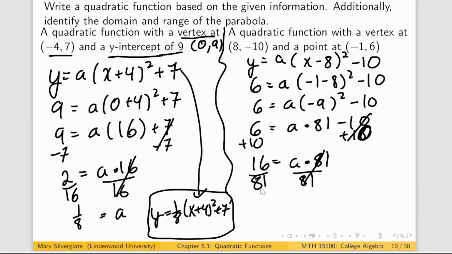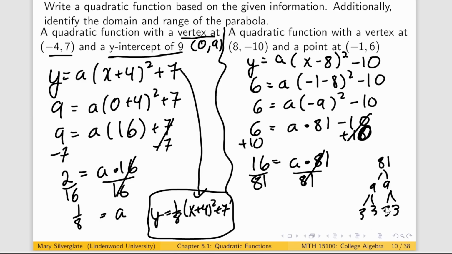Well, the only things that go into 81 are things like 9, 3, neither of which go into 16. So that's not super helpful. Because 81 breaks down into 9 times 9, which breaks down into 3 times 3, into 3 times 3, so different factors would be 9 times 9.